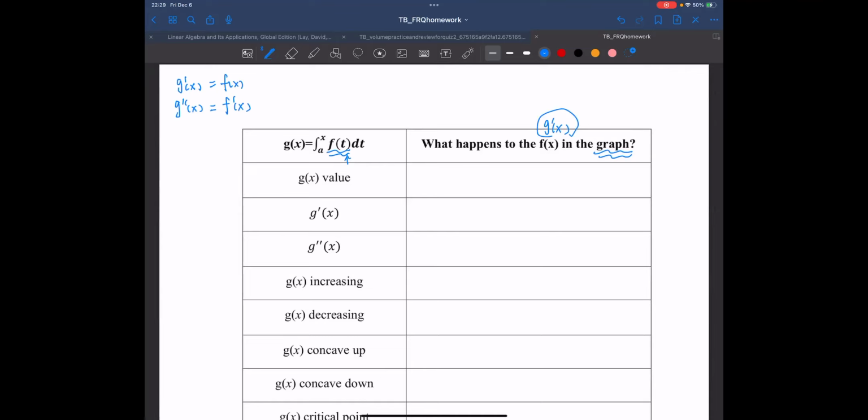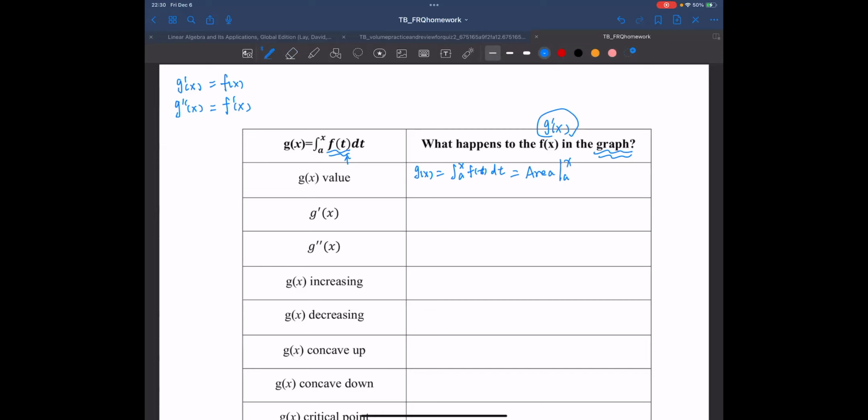If we want to get the value of g, we just wanted to see g x equals the integral from a to x of f t dt. So if we wanted to get some kind of g x value, then we can see the area from a to x. For example, I will give you here that like x equals 3 and a equals 0. So it's the area from 0 to 3.